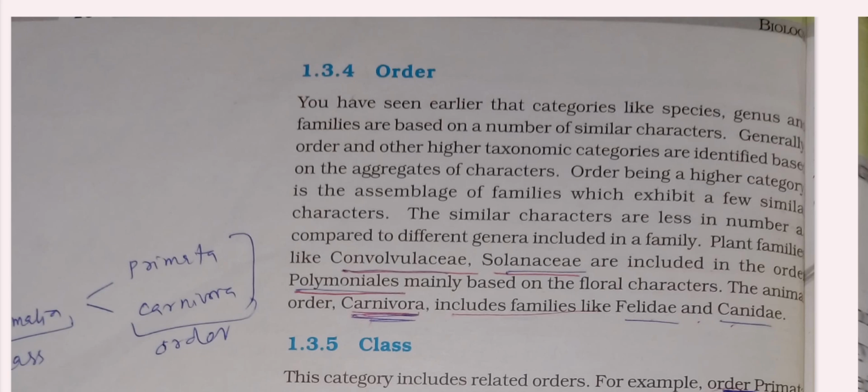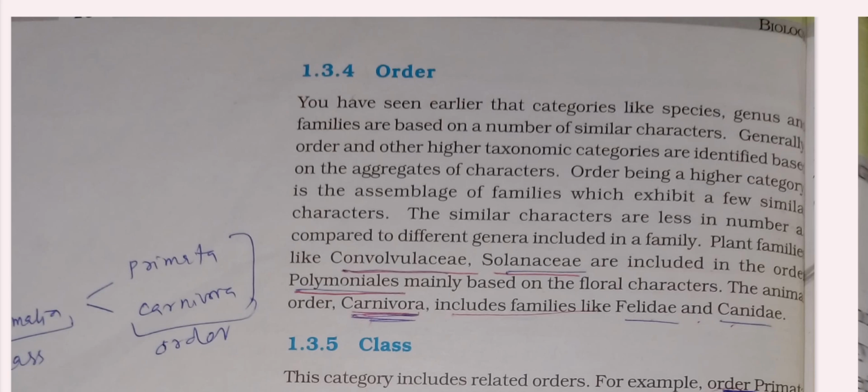Order, being a higher category, is the assemblage of families, like the assembly of all the classes in your school. It exhibits a few similar characters, which are fewer in number compared to the genera included in a family.